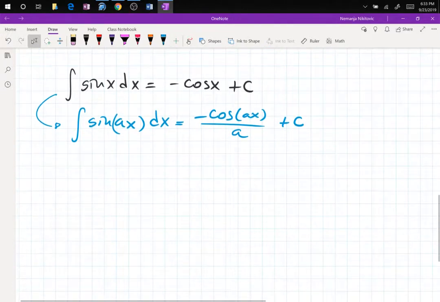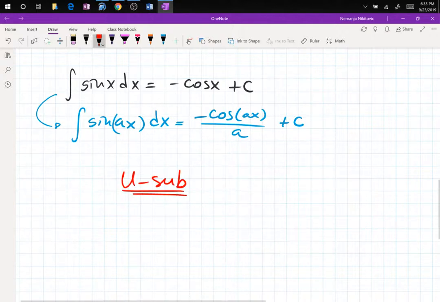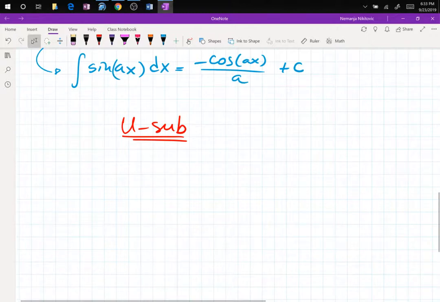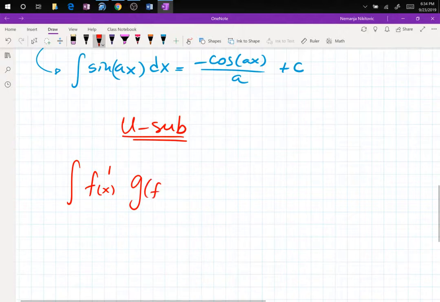Now, the one that we care the most about is obviously u sub, because rarely do you work with basic functions, right? So the u sub is what we care about a lot, and that's going to be the integral of f prime, and then g of f of x in here dx, right, to give us the answer on the other end.